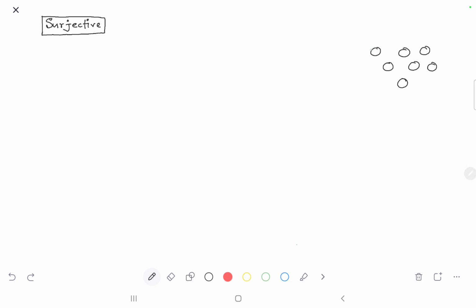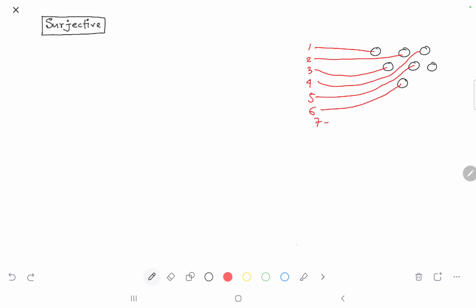You have one, two, three, four, five, six, I don't know how many are needed. In place one you take this, in place two you put this, in place three you put this, in place four you put this, five you put this, in place six you put this, and in place seven you put this. So this is nothing but a map, right?